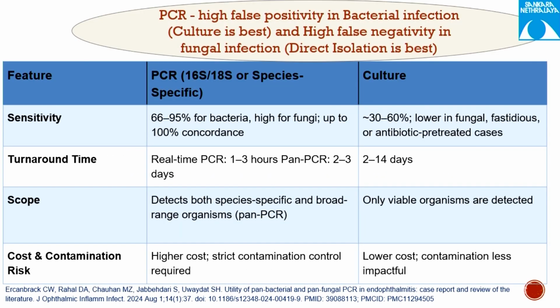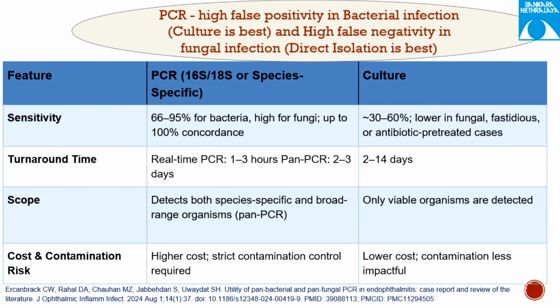How do we compare the PCR and culture reports? PCR can give false positives in bacterial infection, so for bacteria, culture is best, and PCR can have false negatives in fungal infection, so direct isolation is best for fungal infection. PCR sensitivity is 66 to 95%, culture is 30 to 60% only.